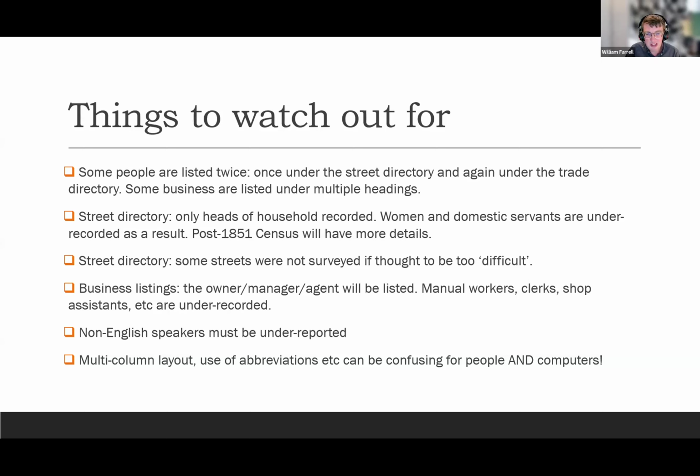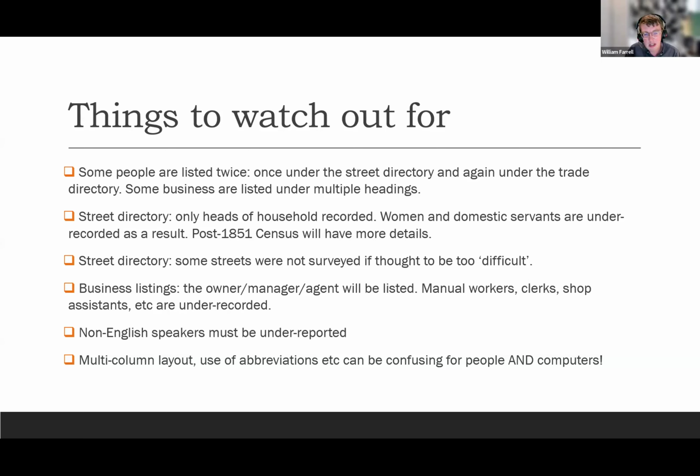Another issue with the street directories is that it's quite clear that some streets were not surveyed very heavily or at all if they were thought to be difficult to collect information from. This is particularly true of 19th century London, Manchester, Glasgow, Liverpool. So areas that were considered to be rough, that postal employees or other agents didn't really want to walk down, they didn't visit them. There's also a feeling that there was less commercial value in knowing who lived in those streets, so it was seen as possibly a waste of time.